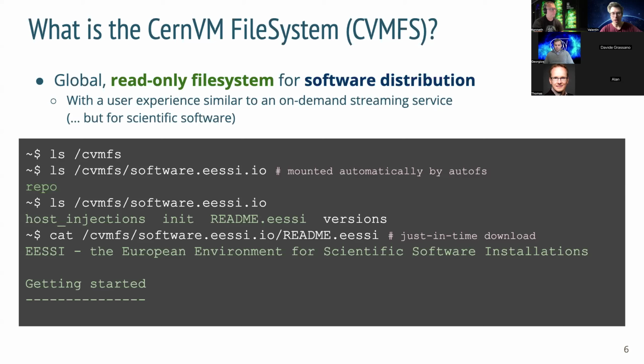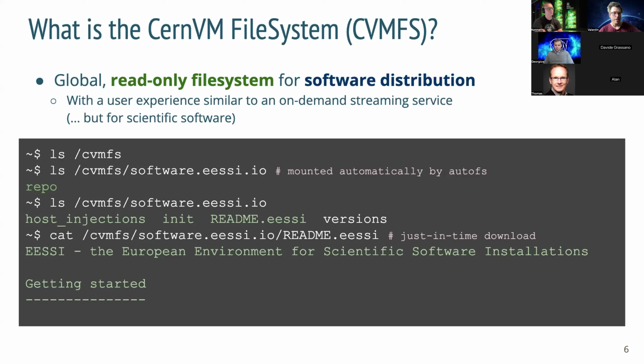If this software is going to change quite a lot, and you have to read only parts of it, as is the case for high energy physics software stacks, why not make it really on demand, and only download the files that you need when you need them.